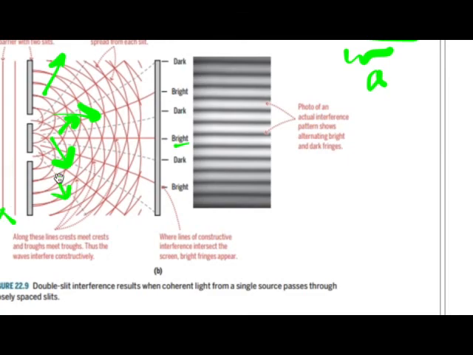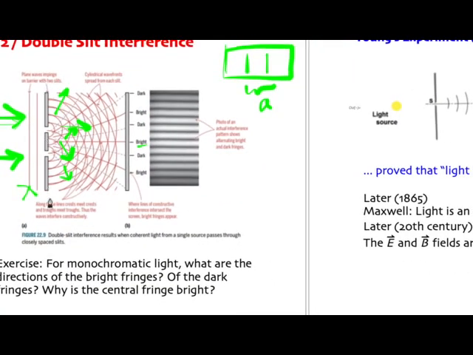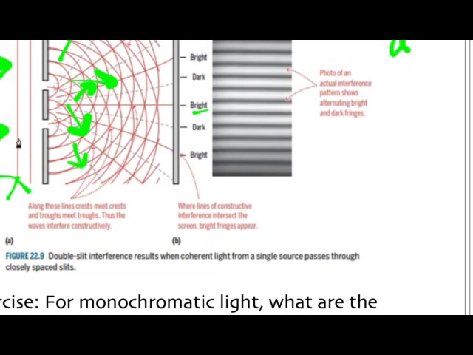Let's see. We should read the figure notes here. Along these lines, crests and troughs, and where the crests and troughs meet, you'll have constructive interference.